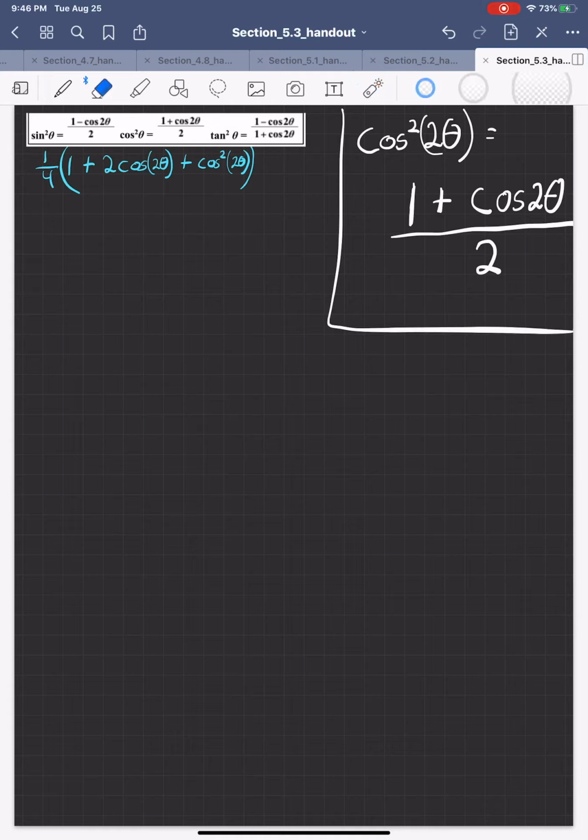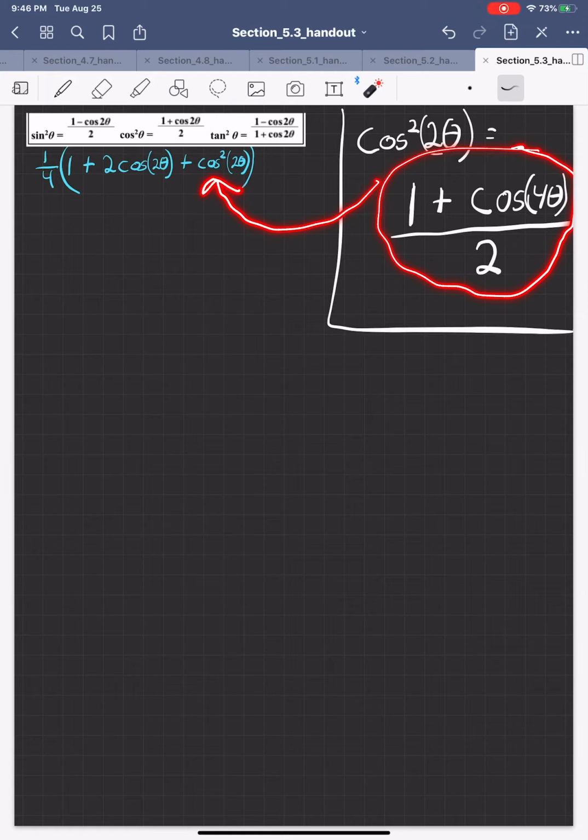This is going to end up not being 2 theta, it's going to be 4 theta. Okay. I hope that makes sense. I had to adjust for this. So now I'm going to take this, 1 plus cosine 4 theta, and I'm going to sub it in here.